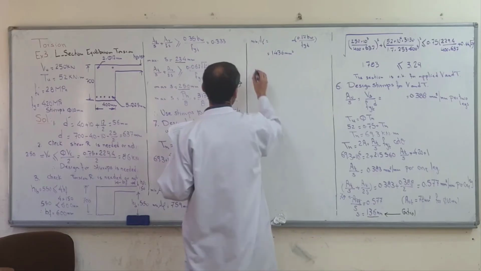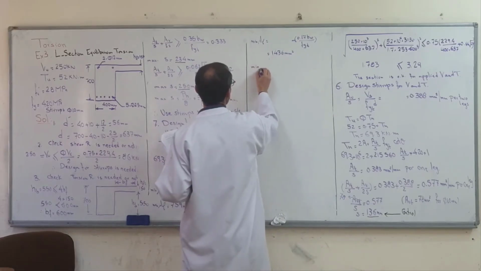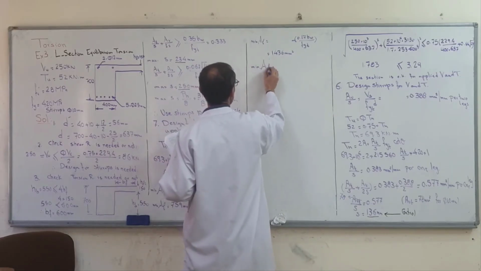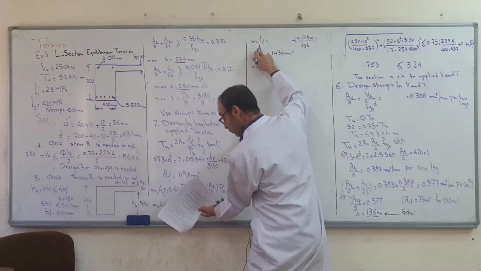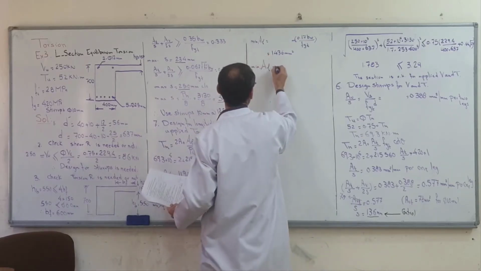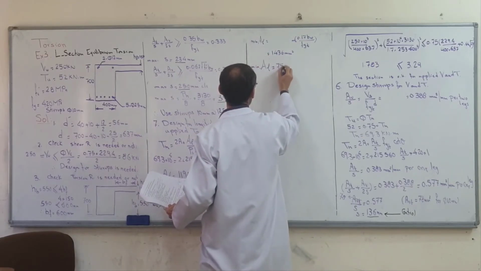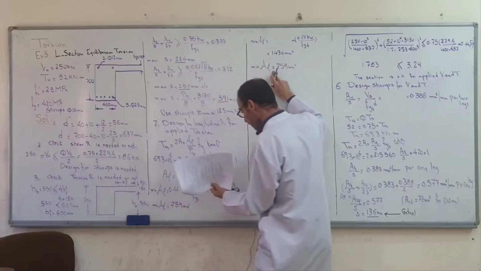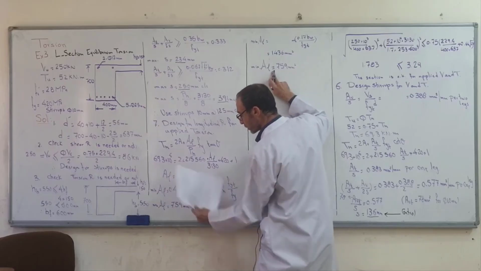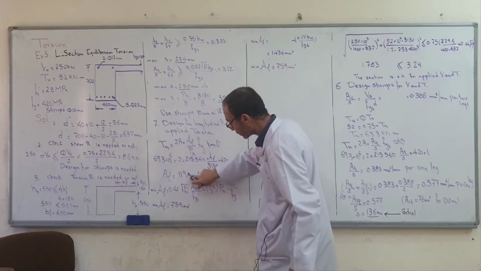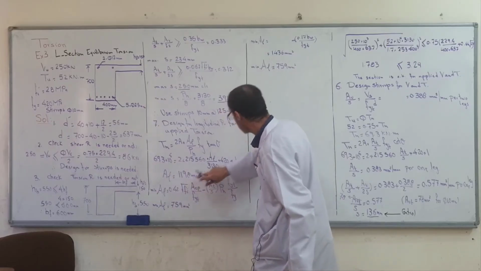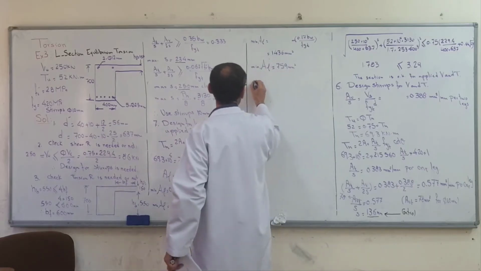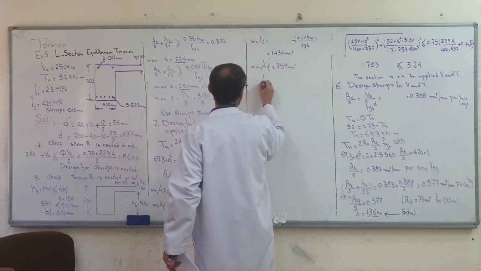From these two minimum values we use the lesser, 759 millimeter square. This is the minimum, and the value from the applied load is greater, so this is the final Al.